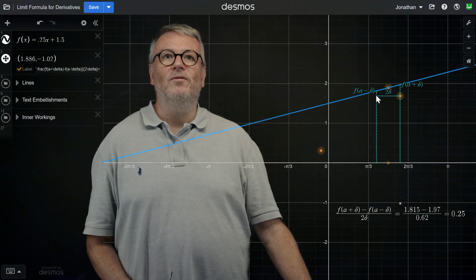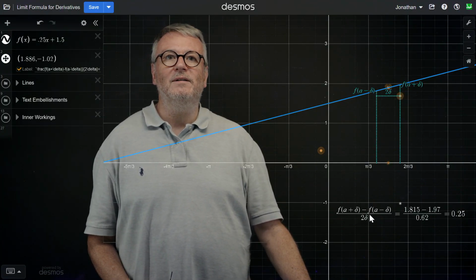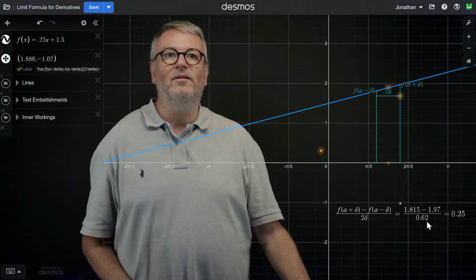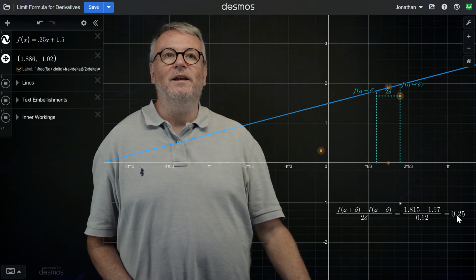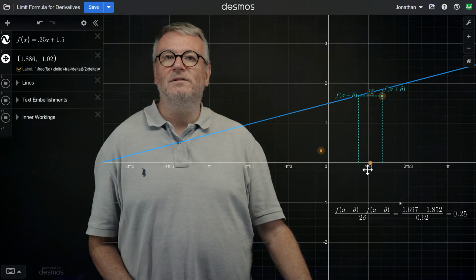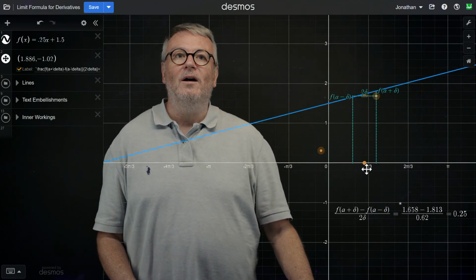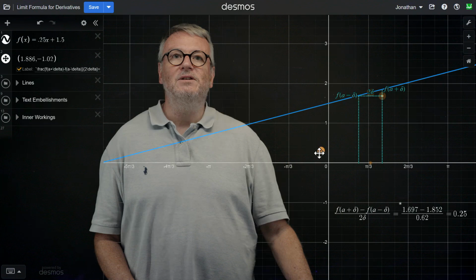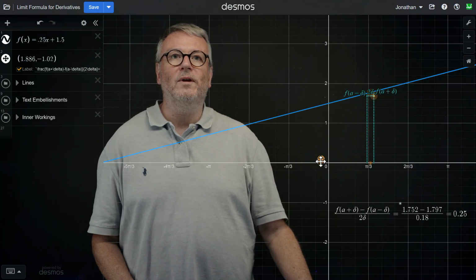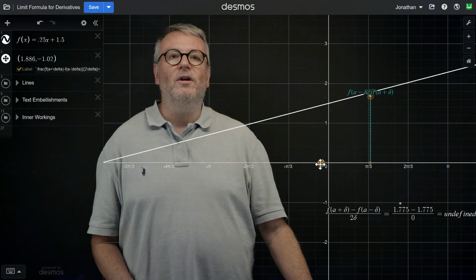I subtract off this height, that gives me my rise, and I divide it by my run, which is 2 times the delta. Do the calculation and it comes to 0.25. It really doesn't matter where I am on this line because it's all got the same slope. The 0.25 never changes, and I can take a big delta and I can take a small delta, and I always get the same.